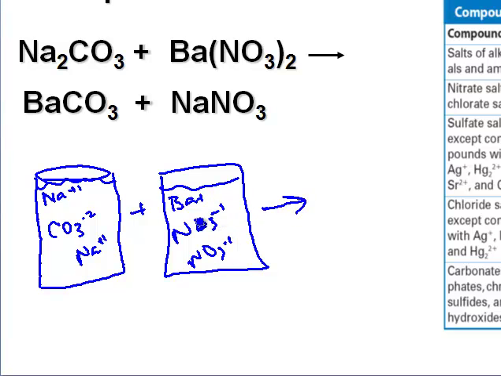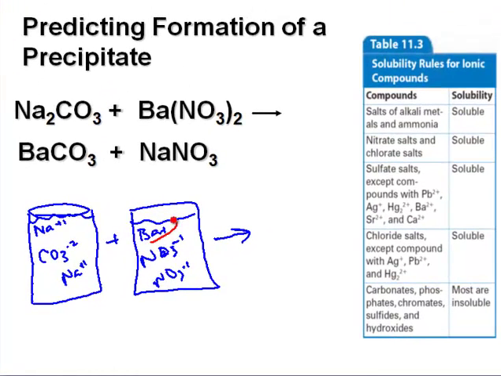Now, when they get together, what happens, the barium wants to go and hook up with the carbonate, and the sodium wants to hook up with the nitrate. What's going to happen? Let's look over here. Okay, salts of all alkali metals and ammonia are always soluble. Soluble means it dissolves in the water. Okay, so salts of alkali metals are your first group, so your sodiums will always be soluble.